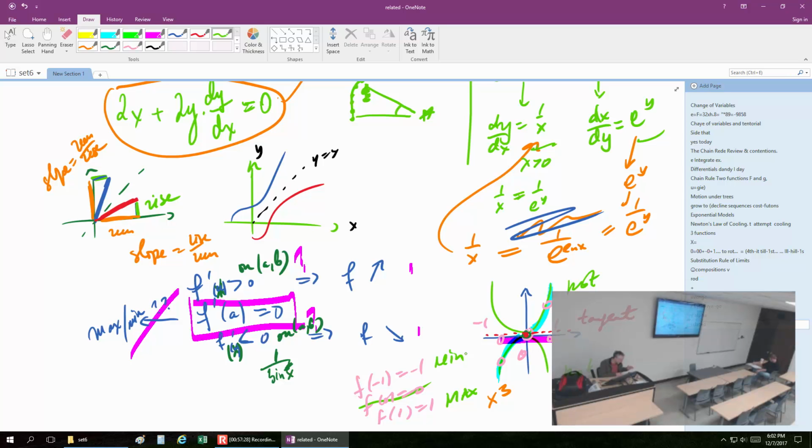That's pretty much what Fermat's theorem is: if you have a maximum, then the derivative is equal to 0, but not vice versa necessarily. Those are the theorems for optimizing things. Sine and cosine have a bunch of maximum points, but only one maximum value, which is 1.